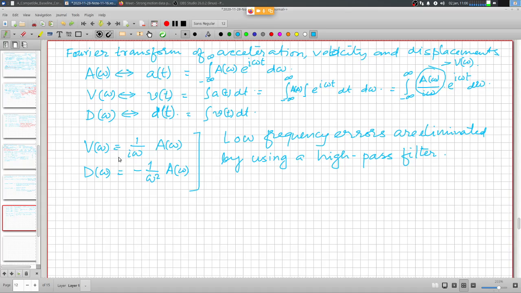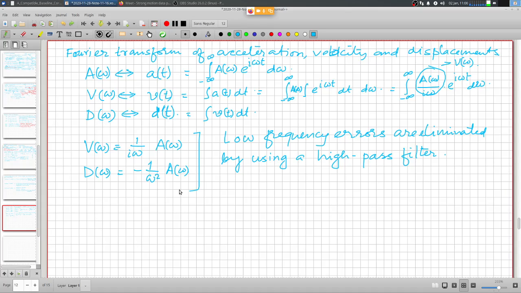So we get the velocity Fourier amplitude, we get the displacement Fourier amplitude, and then we just invoke the inverse Fourier transform to get the displacements and velocities.